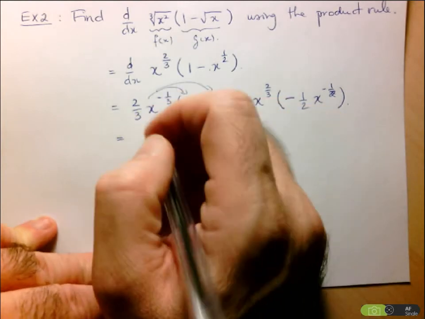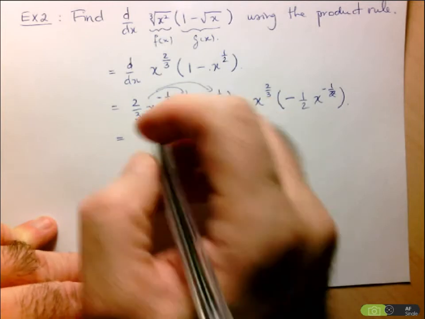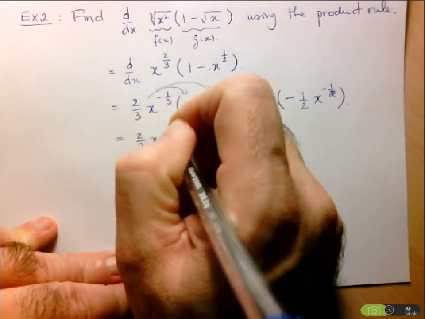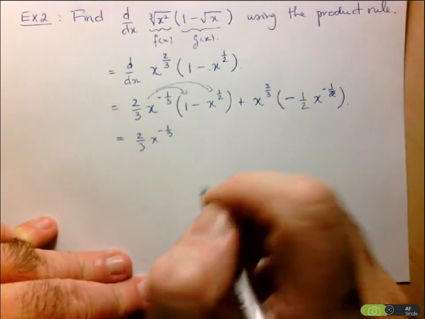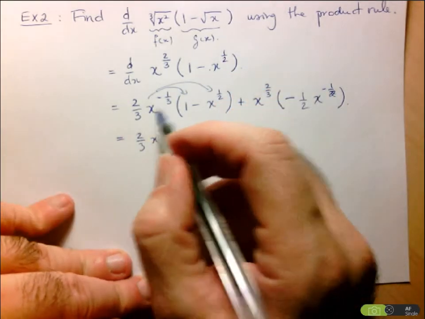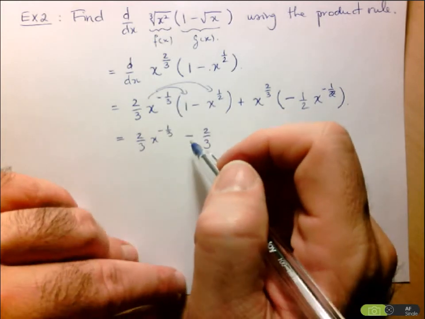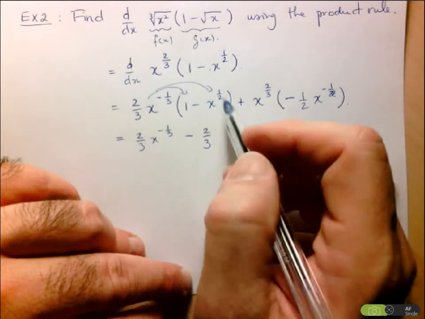So we've got 2/3 x to the minus 1/3 times 1. So 2/3 x to the minus 1/3 times 1 doesn't change, minus 2/3. And now x to the negative 1/3 times x to the 1/2. Well, we know we have to add these exponents.